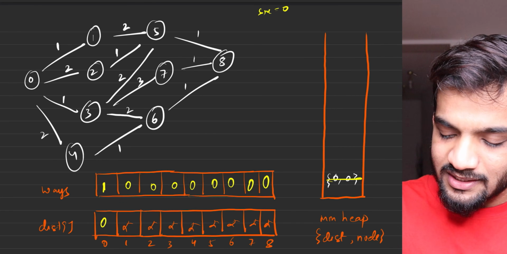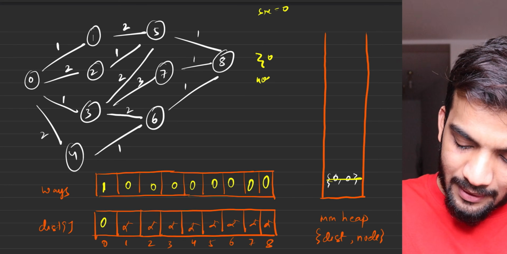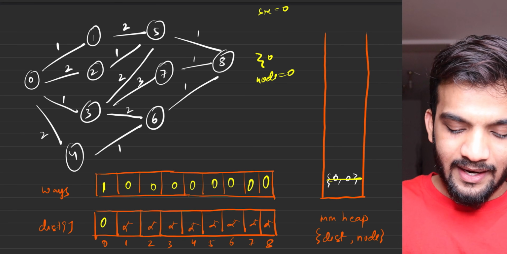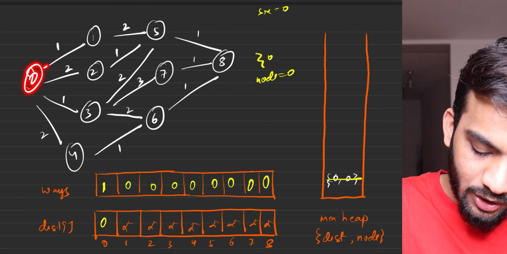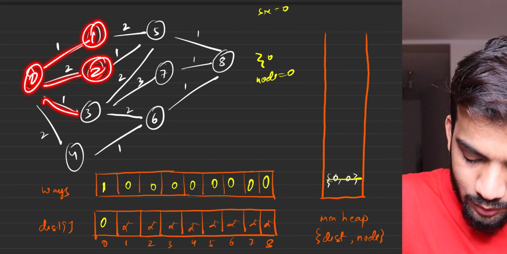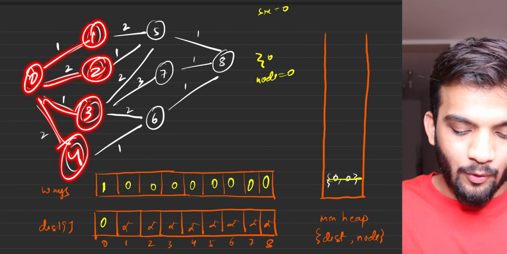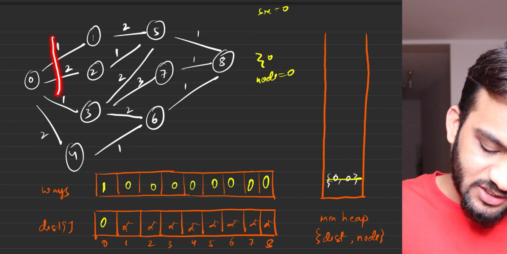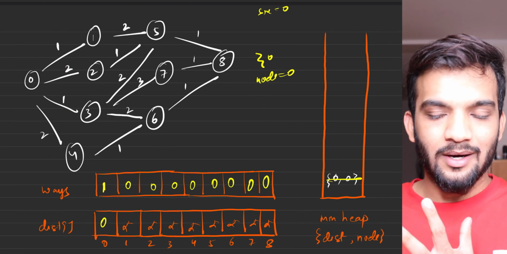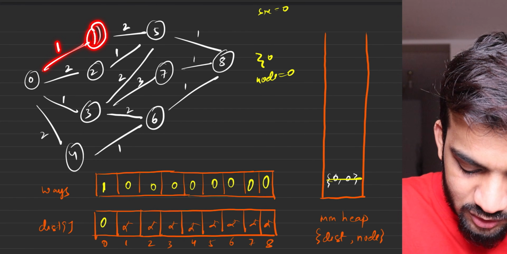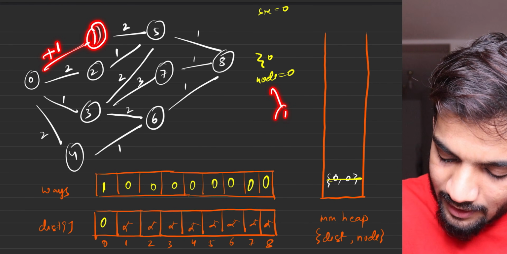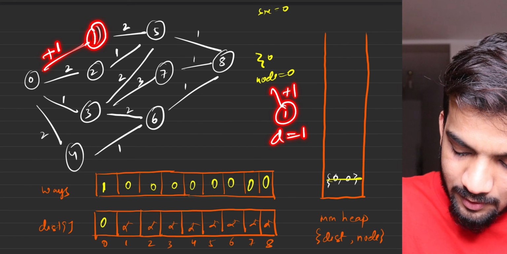First iteration says I'm at the node 0. Where can I go from 0 is my question. So from 0, you can go to 1, you can actually go to 2, you can go to 3, and you can go to 4. And these are the distances you will take. I'm assuming you are now very comfortable with Dijkstra. So if you go to 1, this will be added. And if you go to 1, 0 plus 1, so the distance will be 1.